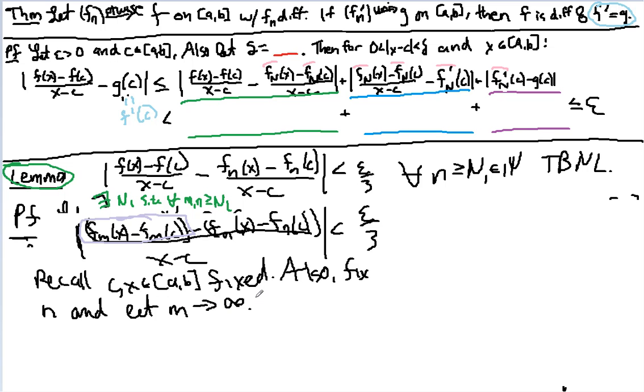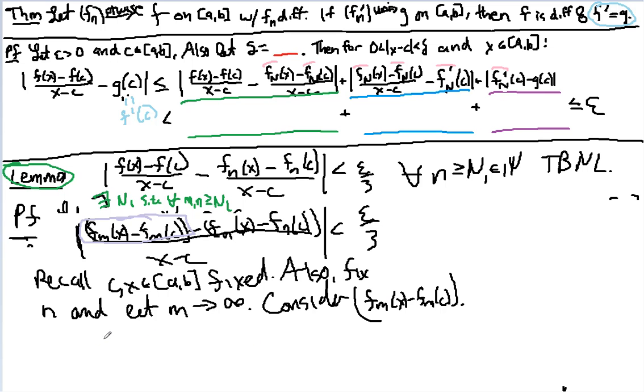What happens then? We're going to consider the sequence fm of x minus fm of c, which is just a number sequence, right? X is fixed, c is fixed. You can actually just compute this. This is just a sequence of numbers.